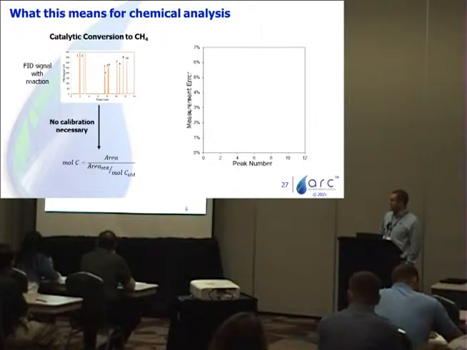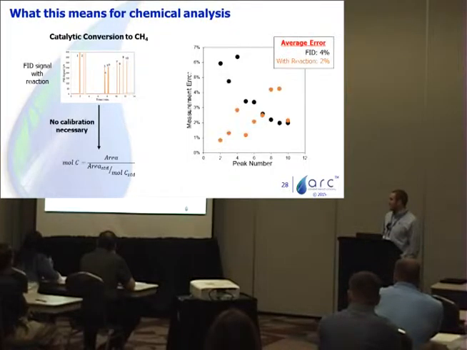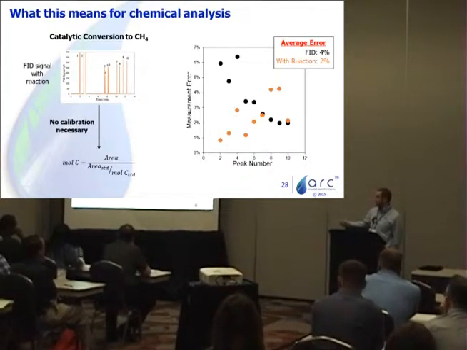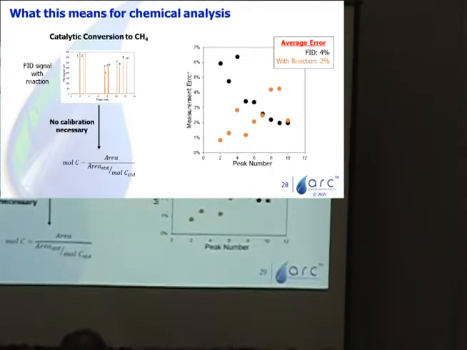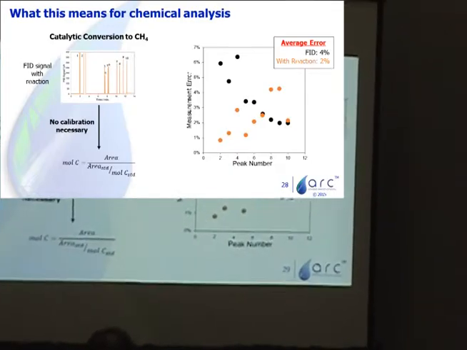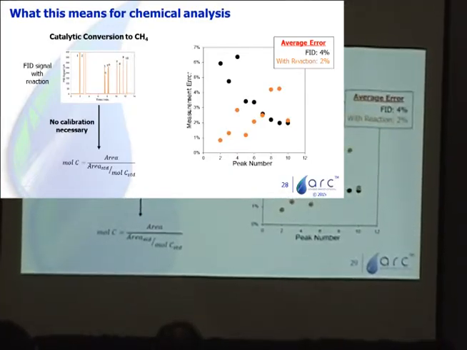So we can calculate now the moles of carbon for each species just from the area of this chromatogram. And what we get in orange is similar, if not better, errors on average than using a 5-point calibration curve with the FID. And again, this was a sample that had a number of different types of functional groups and atoms, and also size of molecules.